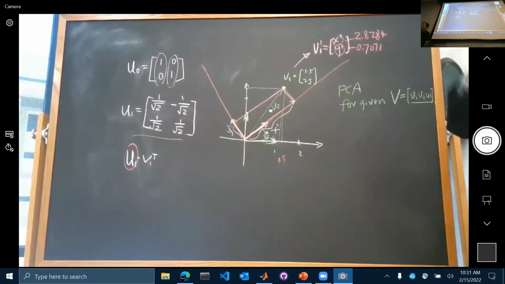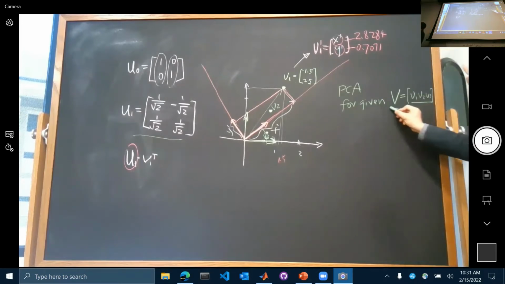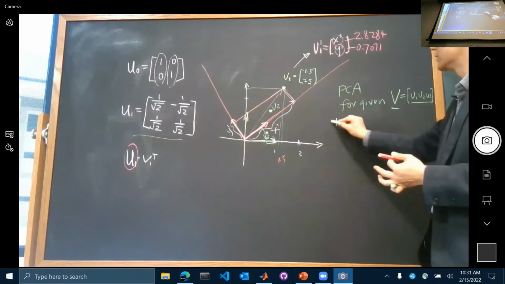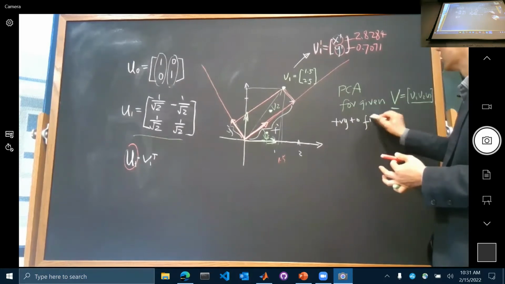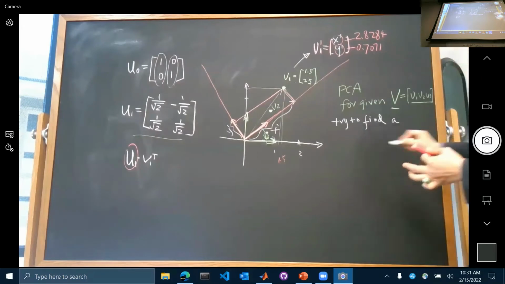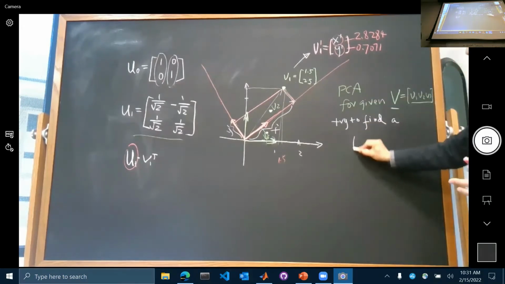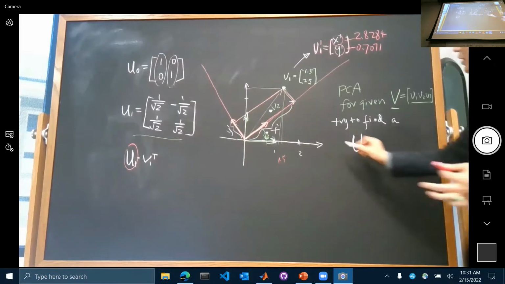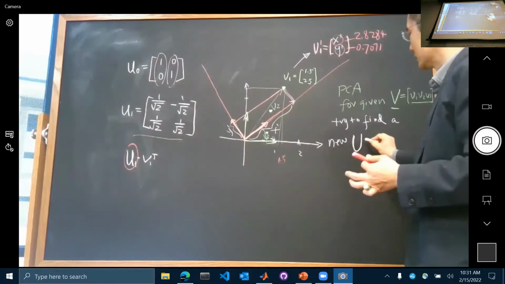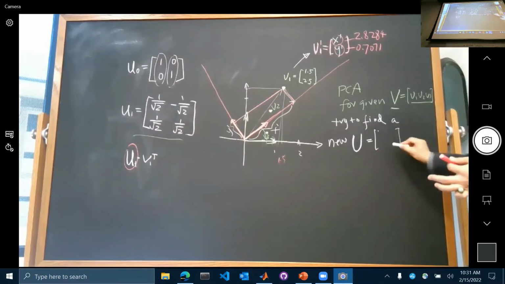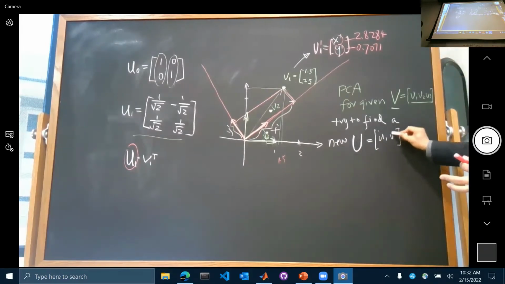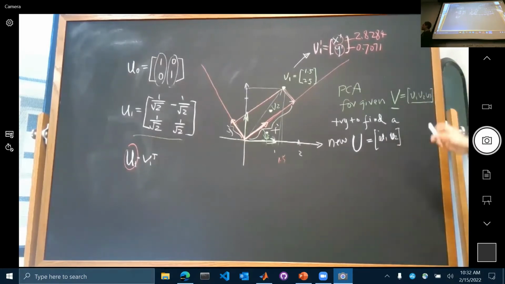If you have 3 data points for the given data, we try to find a new coordinate system defined by 2 vectors, because we are talking about 2 dimensions.